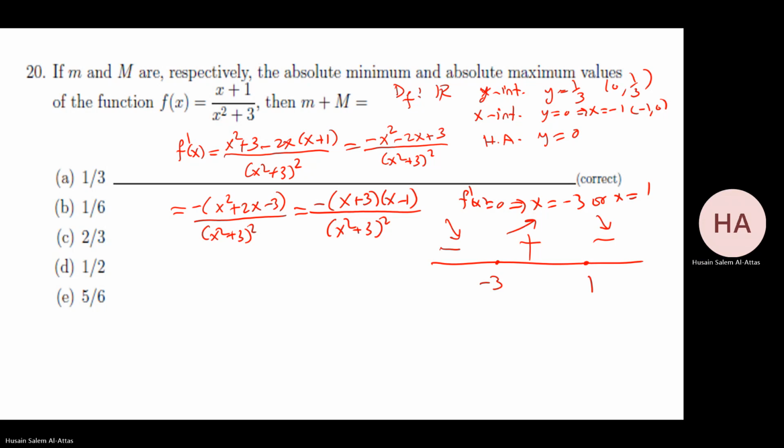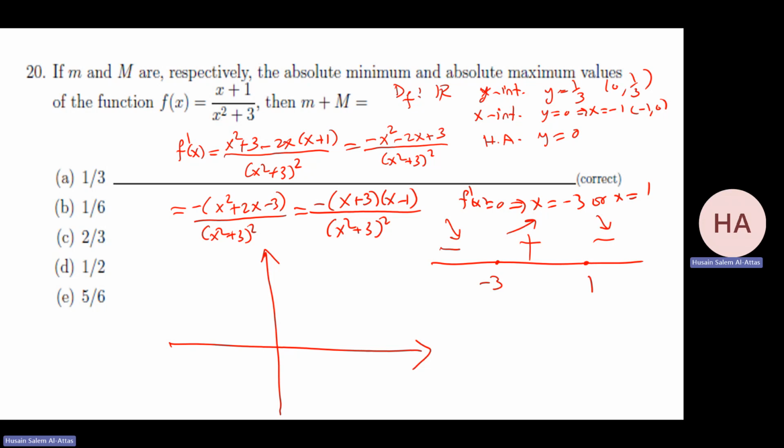Now, to find the absolute maximum and minimum, the concavity will not change what the highest and the lowest values of the function are. So no need to go to f double prime. I will just sketch the curve using this information. Then I can get the absolute maximum and minimum from the graph.